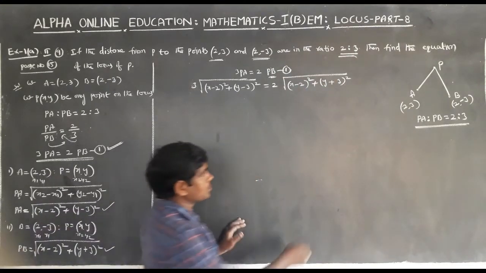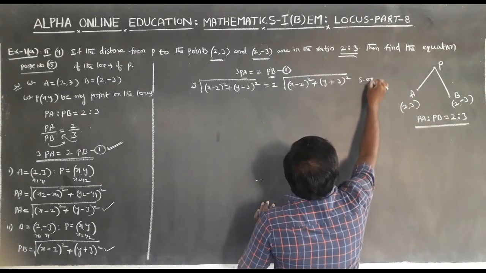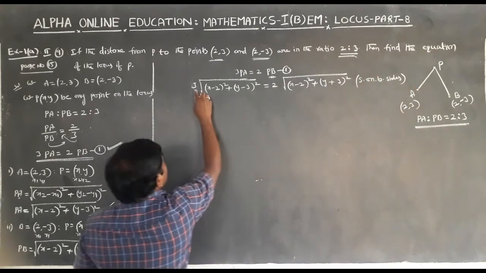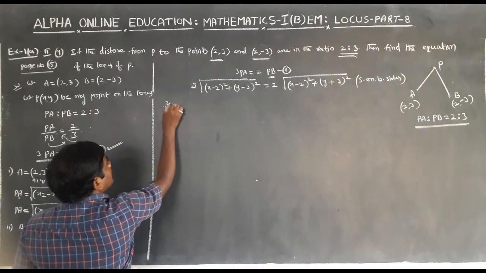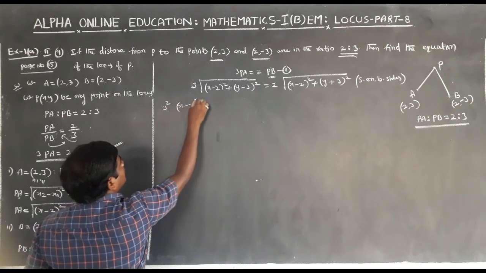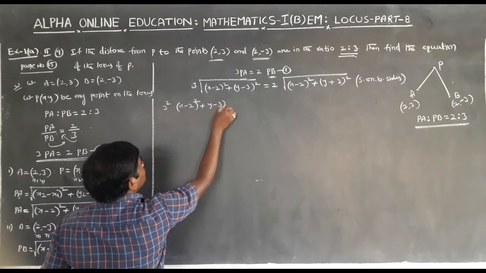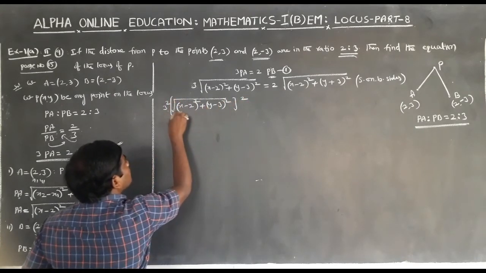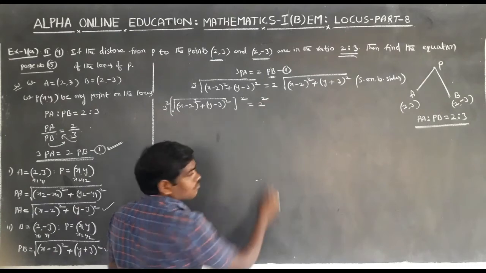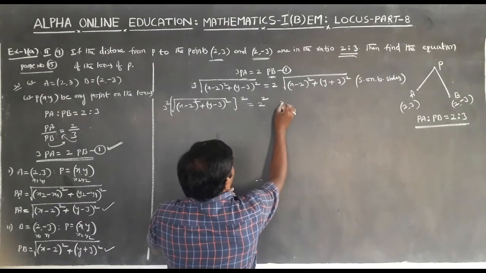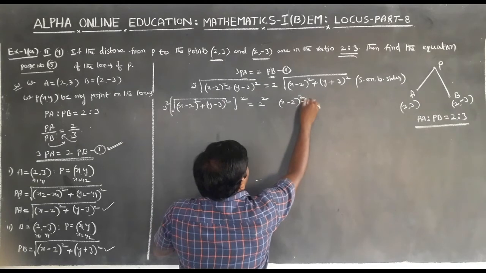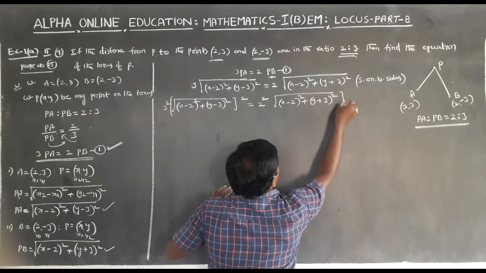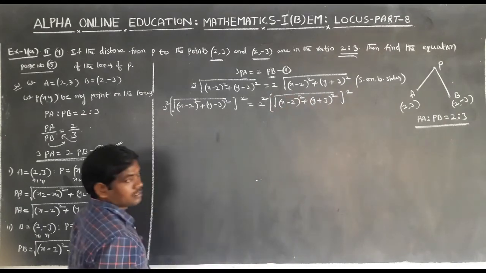Squaring on both sides: 3 square into under root of (x minus 2) whole square plus (y minus 3) whole square is equal to 2 square into under root of (x minus 2) whole square plus (y plus 3) whole square.